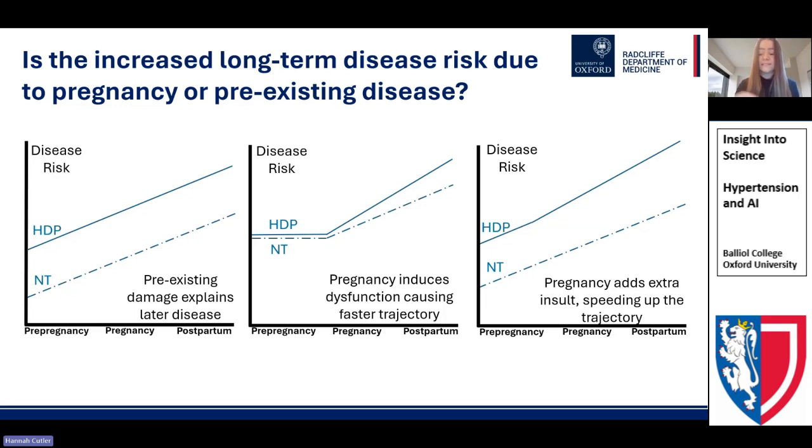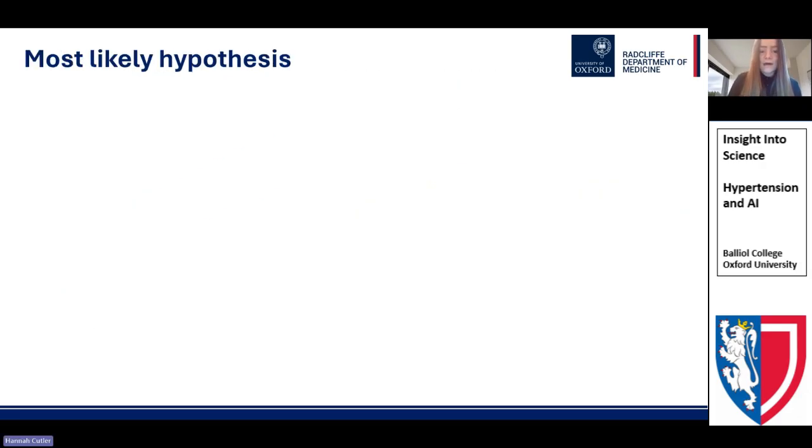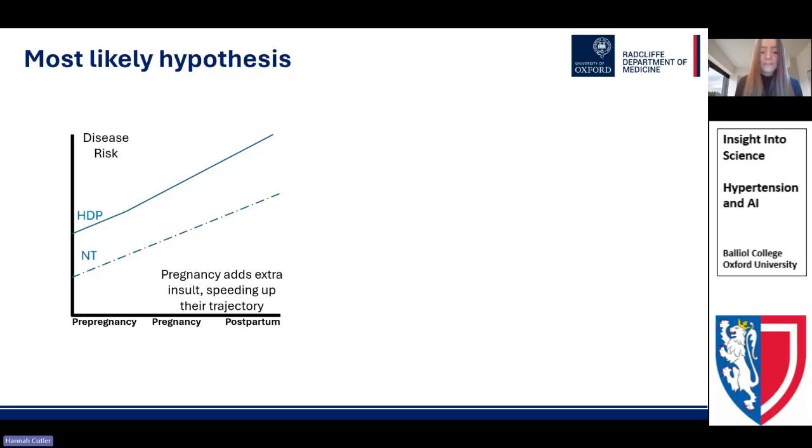And then pregnancy adds an additional insult, which then again speeds up their trajectory towards later disease. And this is why they're at higher long-term disease risk. So the most likely hypothesis is the third one. They take a hit during pregnancy, but they already have some kind of underlying dysfunction.